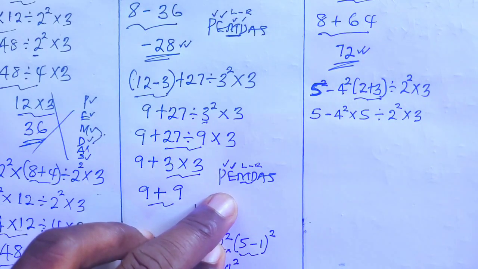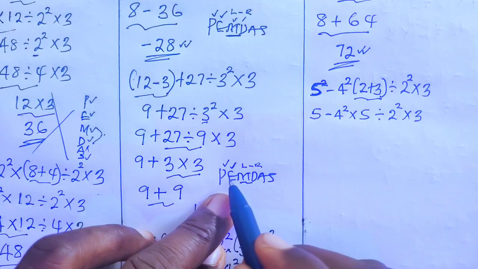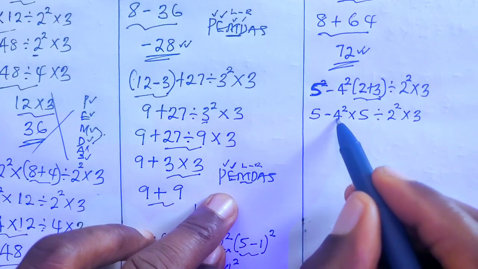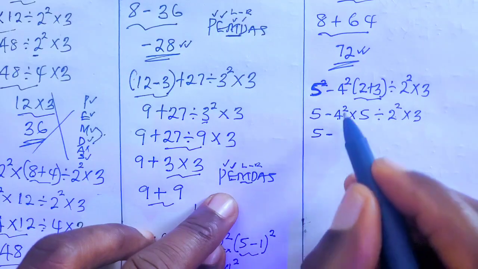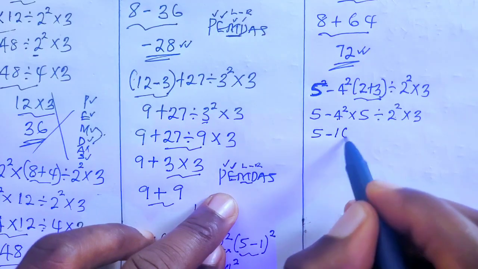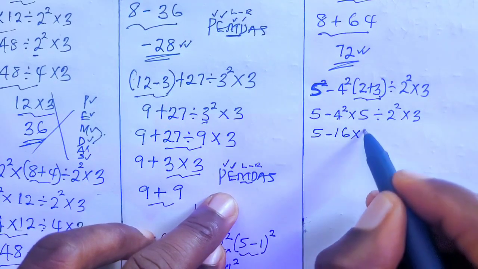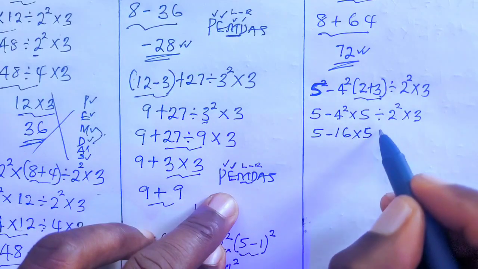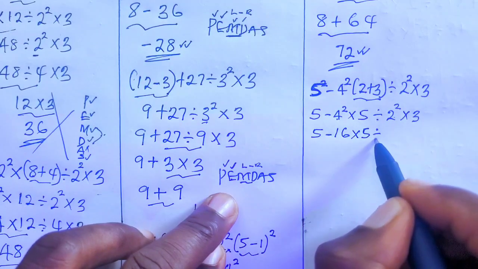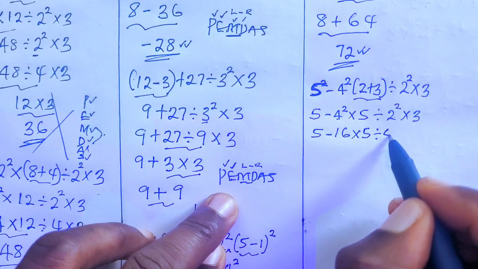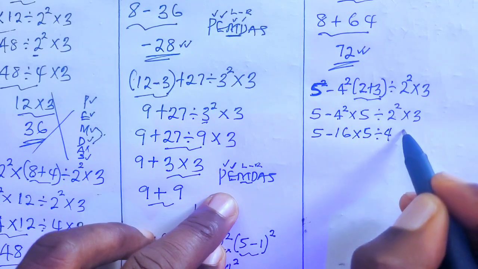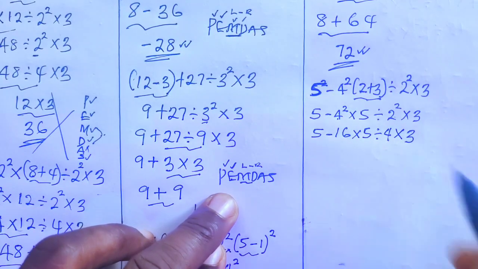And again, we are going to consider exponents. We have here 5 minus 4 to the power of 2, that gives us 16, multiplied by 5, then divided by 2 to the power of 2, that gives us 4, then multiplied by 3.